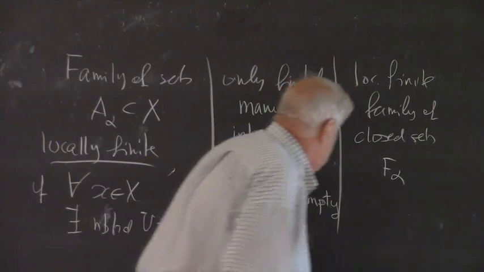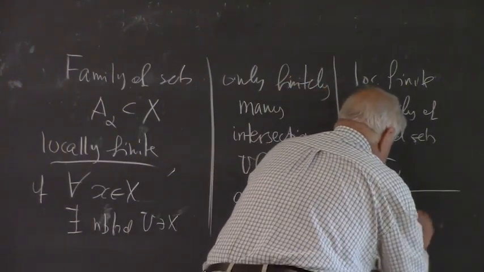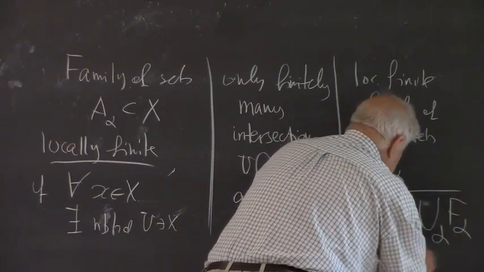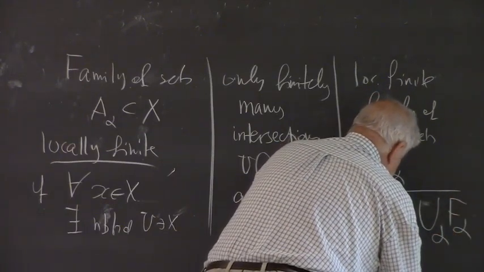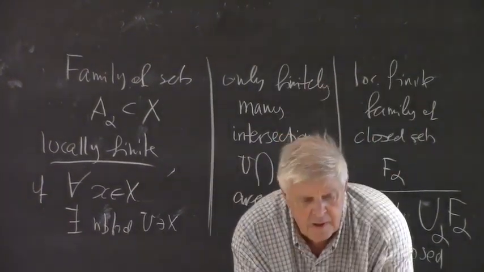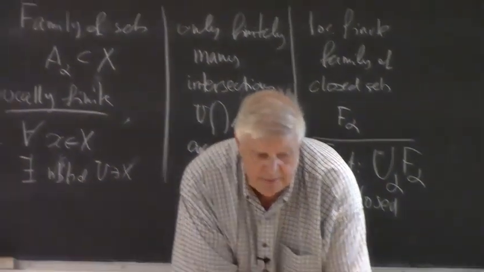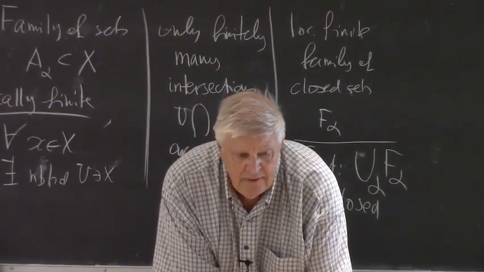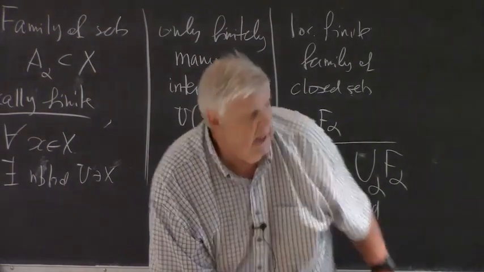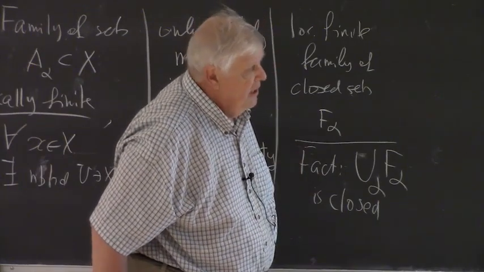And the fact is that the union of the sets is also closed. You know that the union of closed sets is closed by the axioms of topology, but this is for a finite union. The condition of finiteness can be replaced by the condition of being locally finite.